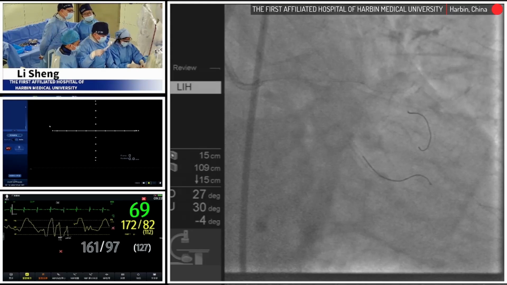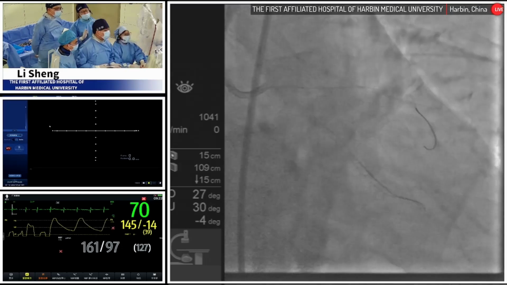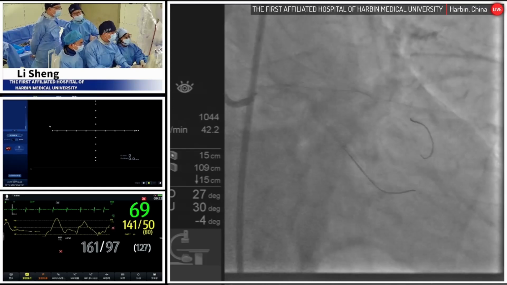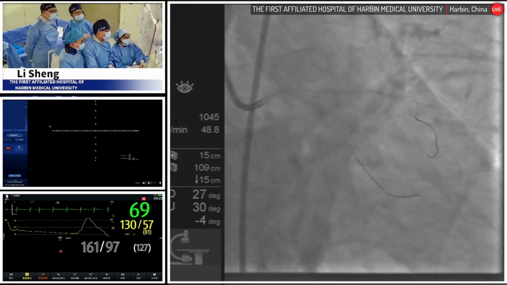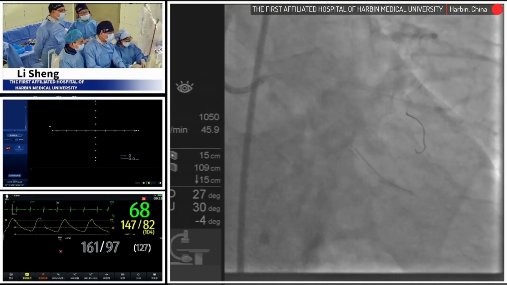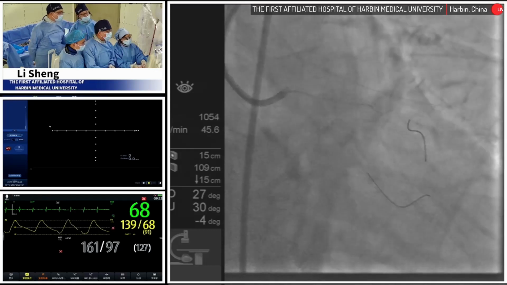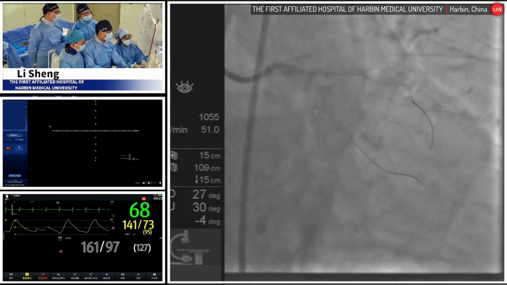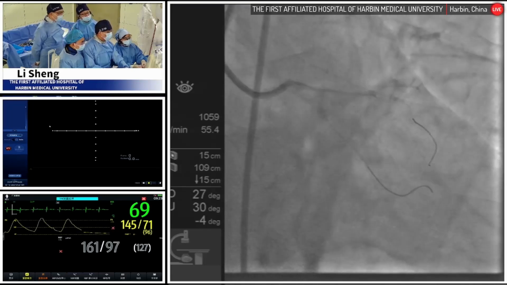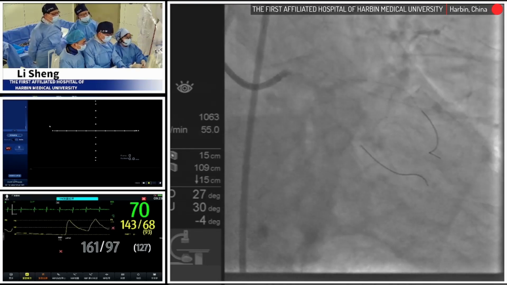Dr. Wang, I think you have been doing interventional procedures for so many years. Based on your own personal experience, what's the difference between scoring balloon and cutting balloon? For what kind of lesion may you use a scoring balloon, and what kind of lesion a cutting balloon? Oh, indeed, there are several differences between the cutting balloon and the scoring balloon. We all know there are many kinds of scoring balloons, such as the AngioSculpt and others. But usually, I will choose a cutting balloon.